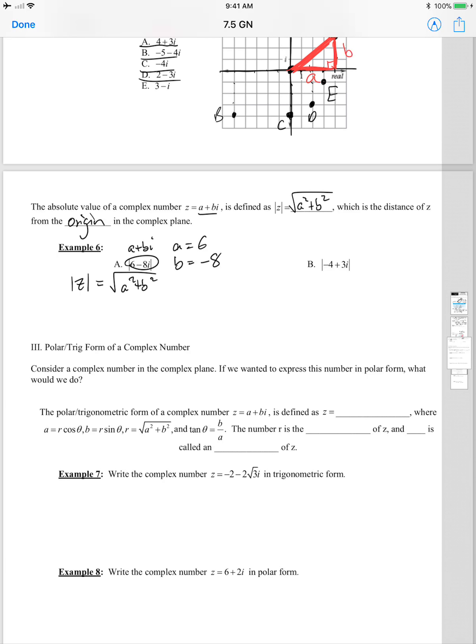Because standard form is a plus bi. So that means if we have minus a number there, b is negative. So the absolute value of this particular complex number is the square root of 6 squared plus negative 8 squared. That's the square root of 36 plus 64, or the square root of 100, which is 10. And again, it's positive because absolute value is positive by definition.